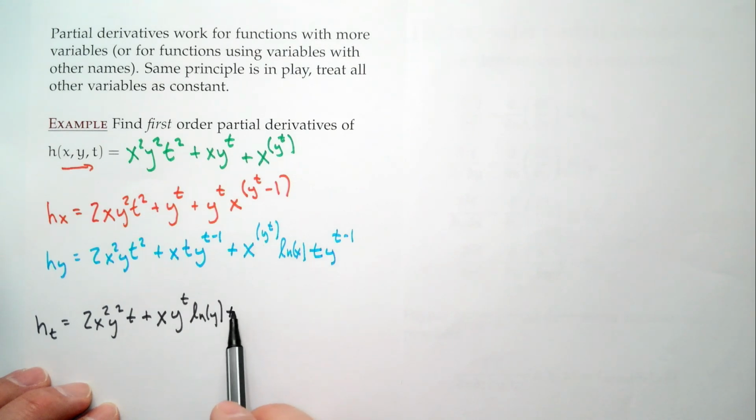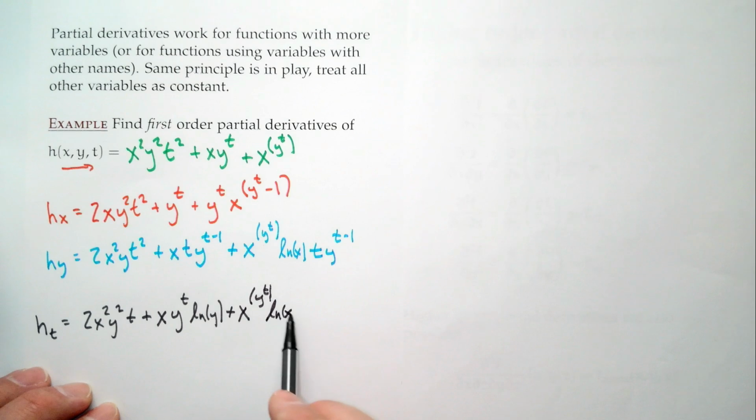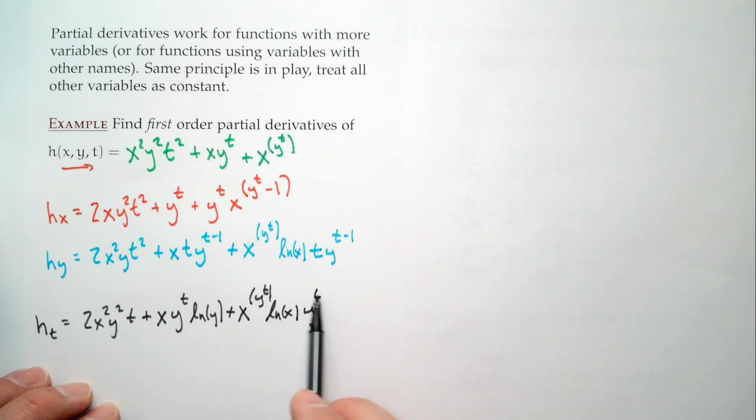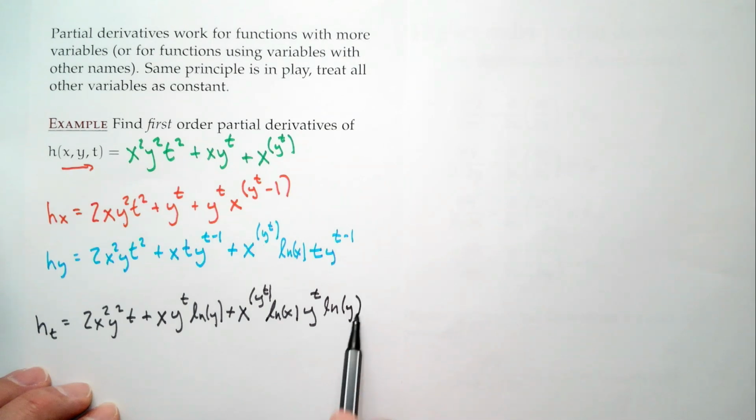So we start working our way in. So it's x to the y to the t times the natural log of x. And now we take the derivative of y to the t, which will be y to the t times natural log of y, and then we're done. That's not so bad. All right, good.